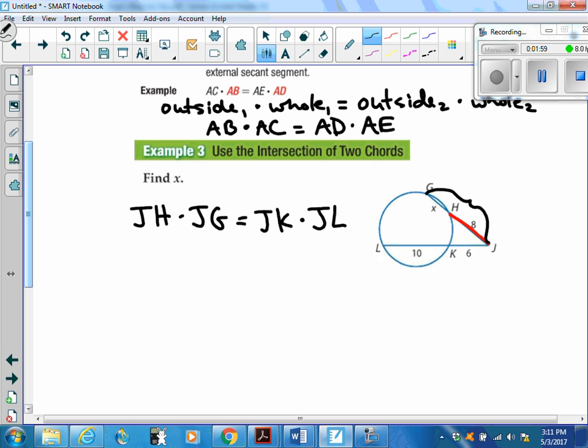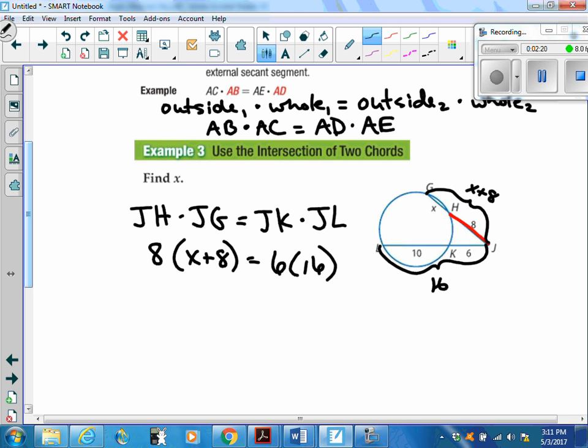And then we want to fill in our values. JH is 8. JG is the sum of the parts, so that's x plus 8. JK is 6. And JL is 16. And so now you have your equation set up correctly.